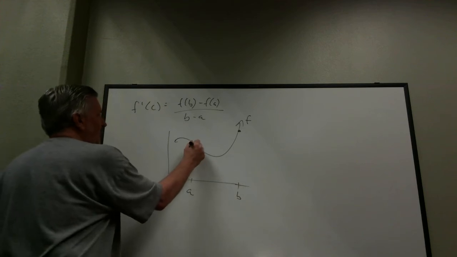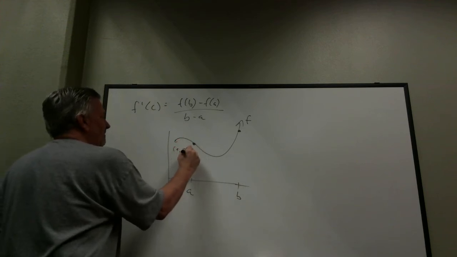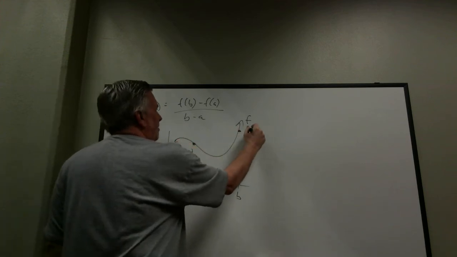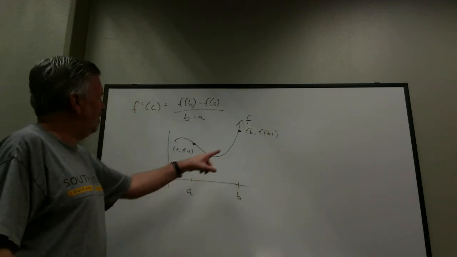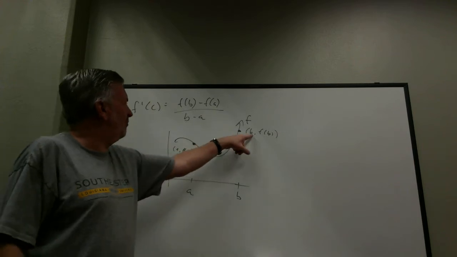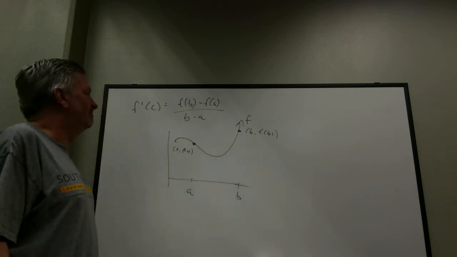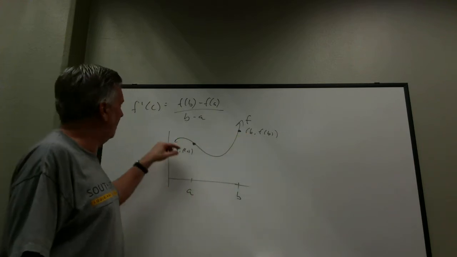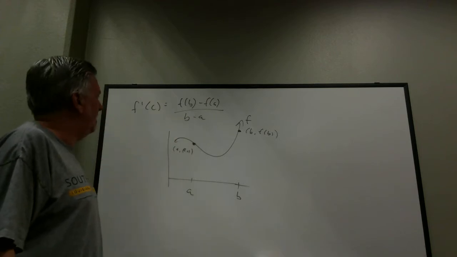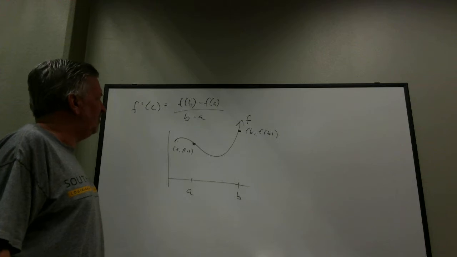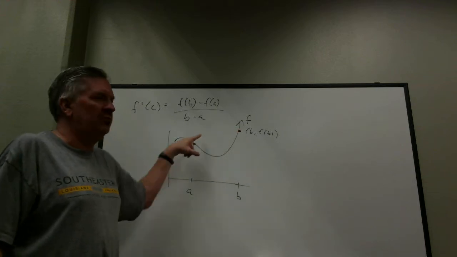This is the point (a, f of a), and this is the point (b, f of b), right? We're assuming a and b are not the same point, because then you'd have zero in the denominator and it would be undefined. Well, what is that? That's just the slope of the line joining those two points.